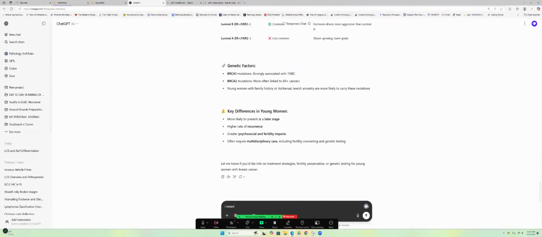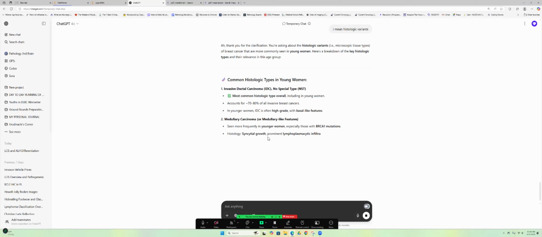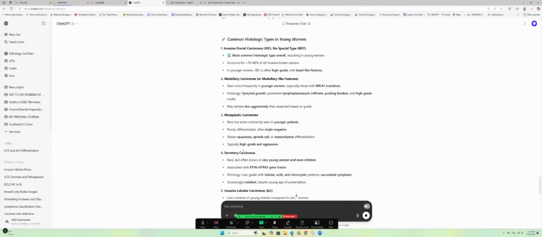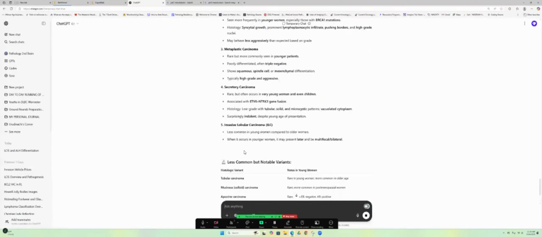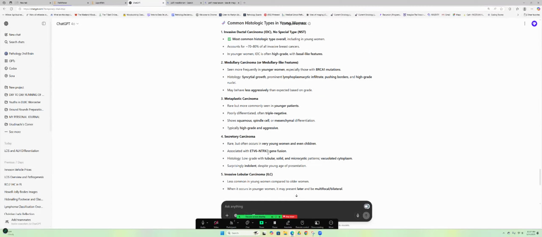Maybe you might need to put variants. Medullary carcinoma, medullary features. Oh, secretory carcinoma. You didn't know that medullary carcinoma is one of them. Okay, maybe it's rare, but when you see it, it's very common. It used to be called juvenile carcinoma in young women. Secretory carcinoma. It has the ETV6-NTRK fusion.